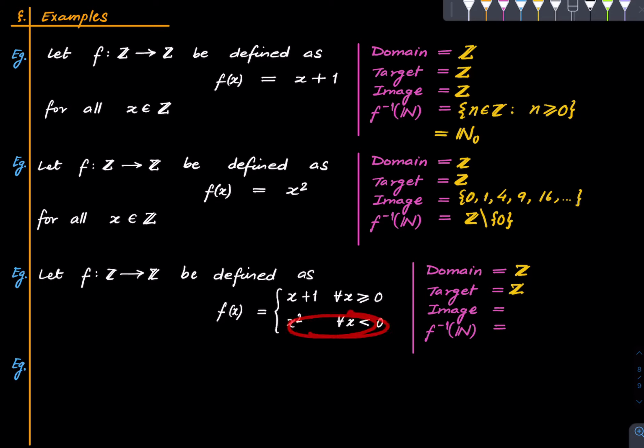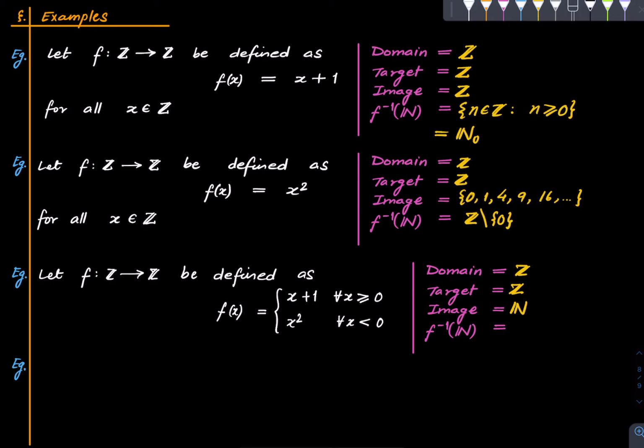So all the positive perfect squares are available. And this gives us all the natural numbers, because as x varies over non-negative integers, you add 1 to it, you recover all the natural numbers. So what you are getting is natural numbers union all the positive perfect squares, and hence you're getting nothing but the natural numbers, because all the positive perfect squares are themselves natural numbers.